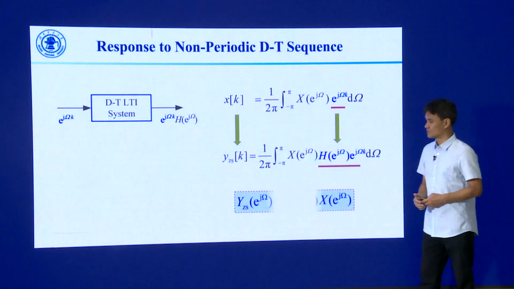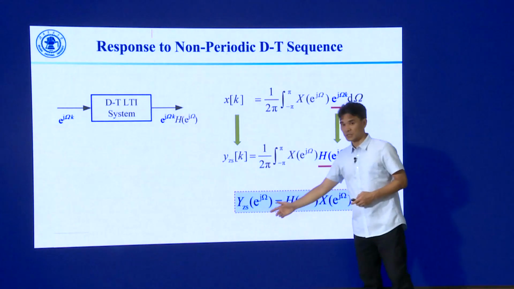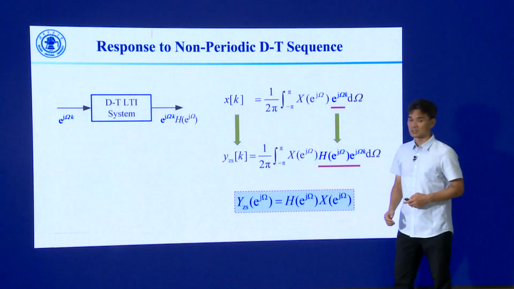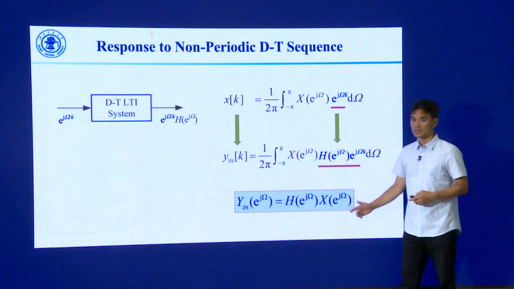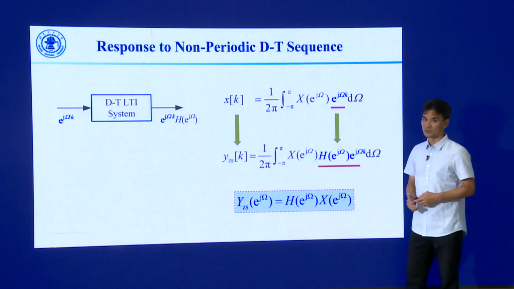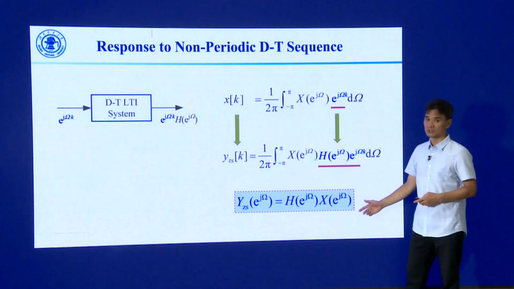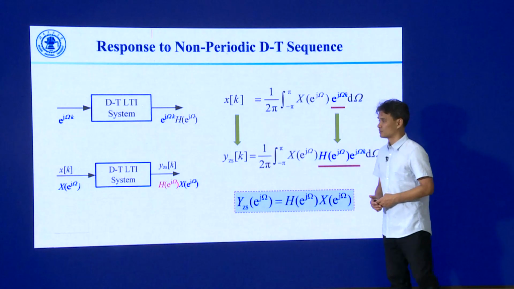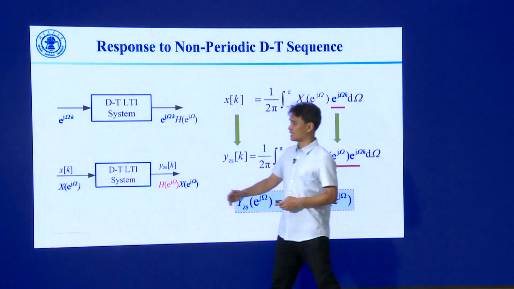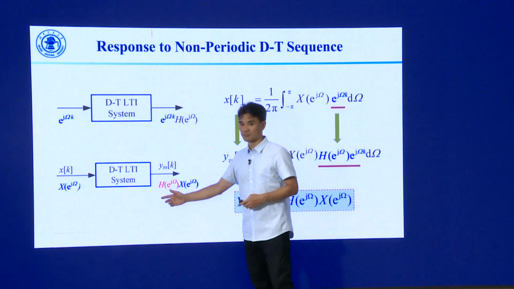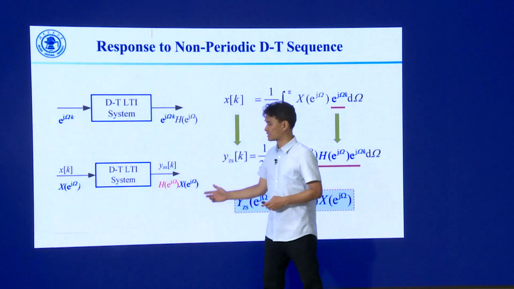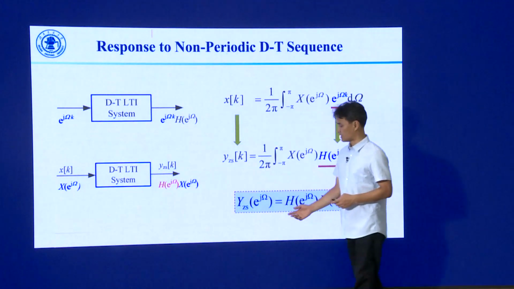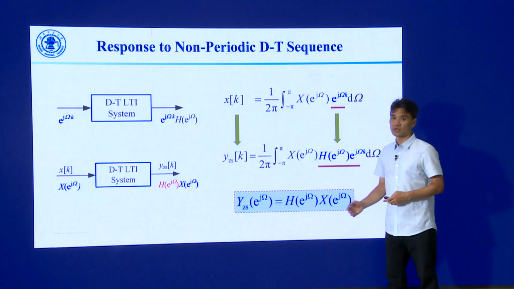So in other words, the zero-state response actually is the multiplication of the system's frequency response and the input signal in the frequency domain. Based on this understanding, we can represent the interaction between the input, the system, in the frequency domain by this mathematical expression.